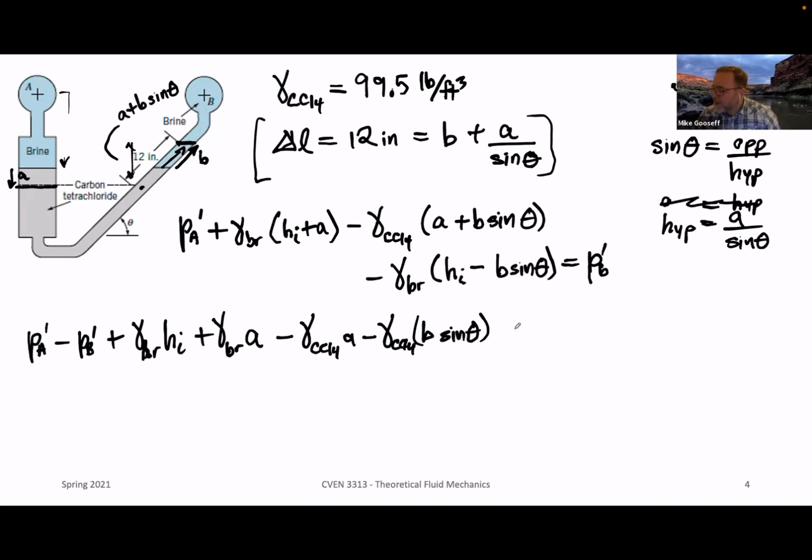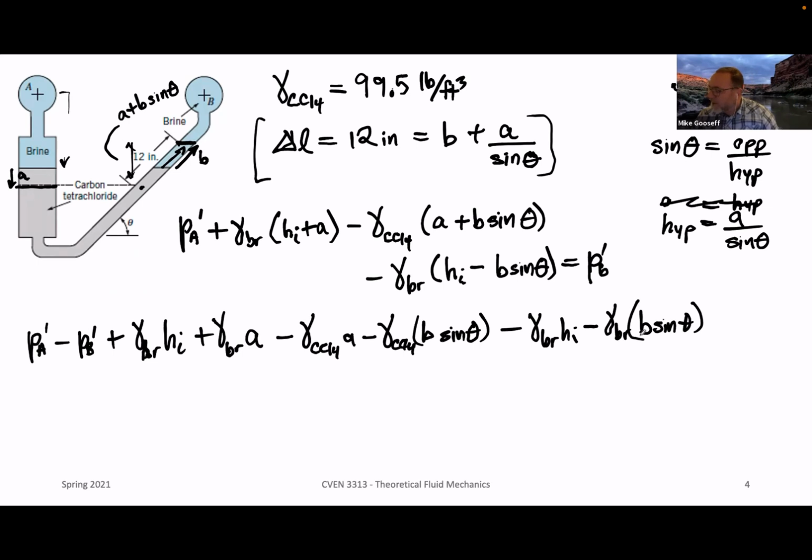And then I expand this final term here. We have gamma BR H sub I minus gamma BR B times the sine of theta.